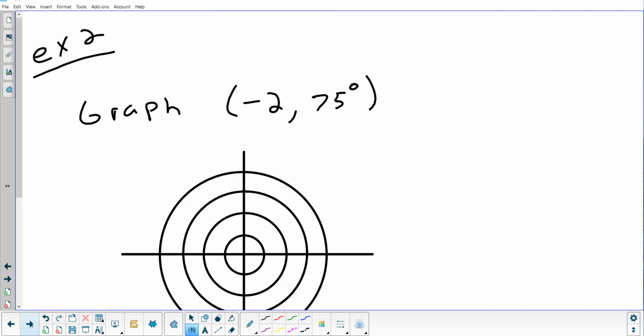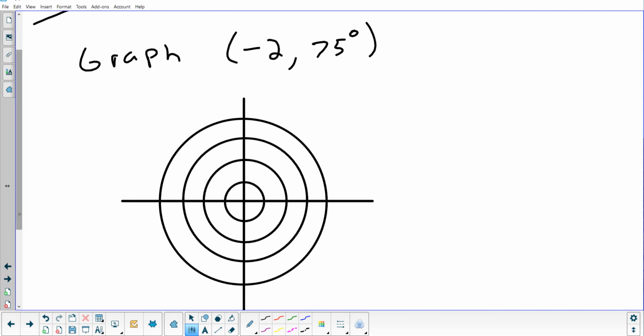All right, let's try this one. Negative 2, 75 degrees. Madison, what direction am I going to move in here? Left. How many units? 2. So you're going to start from right there. And Sophie, what do I do from here? Counterclockwise 75 degrees.